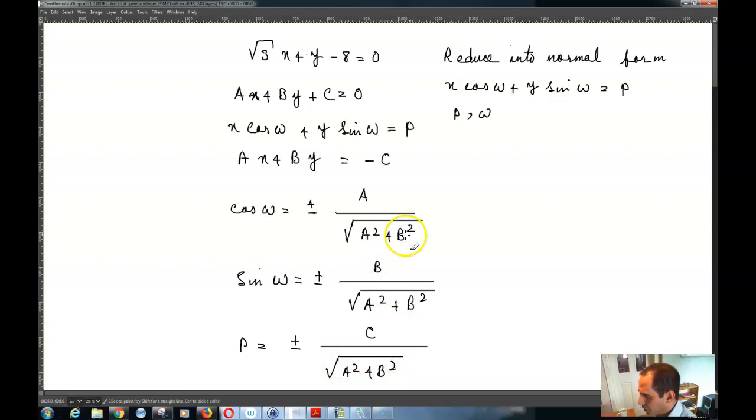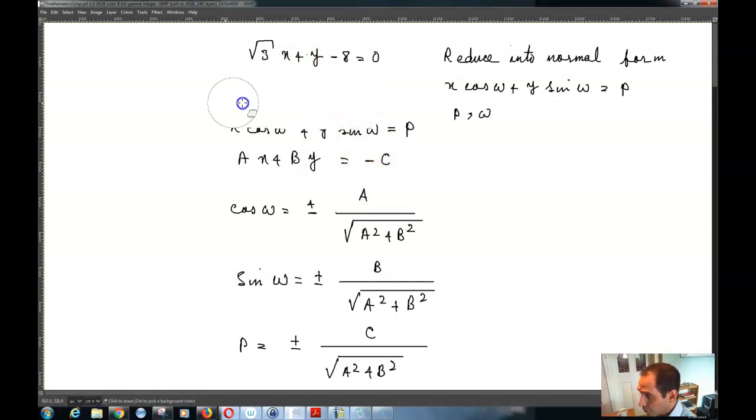So the denominator is always the square root of a squared plus b squared. So if you calculate the square root of a squared plus b squared and divide your numbers in the equation by this quantity, usually you will be able to take care of the equation.